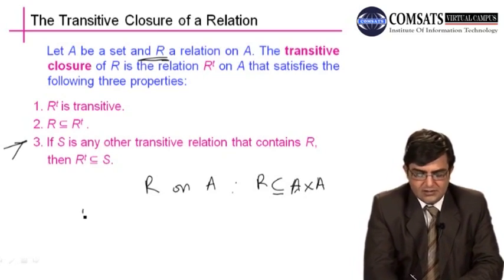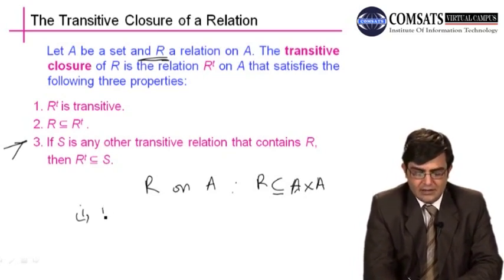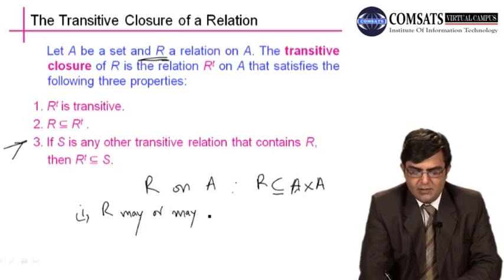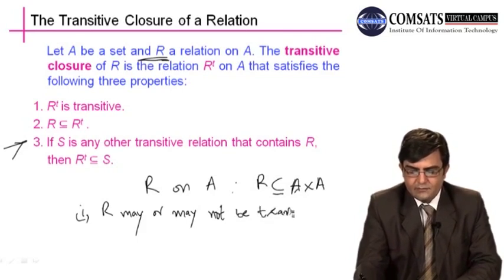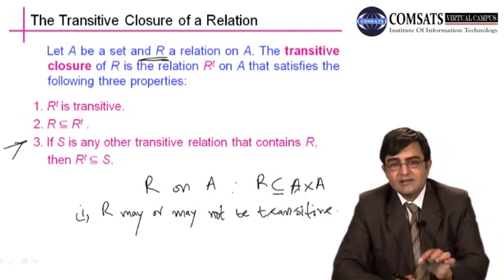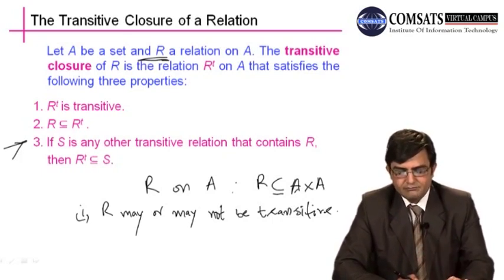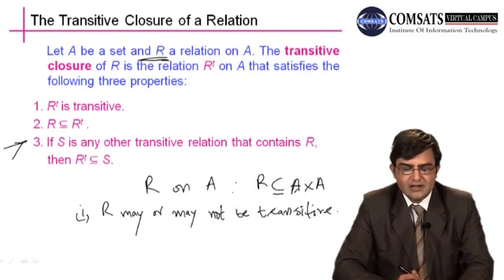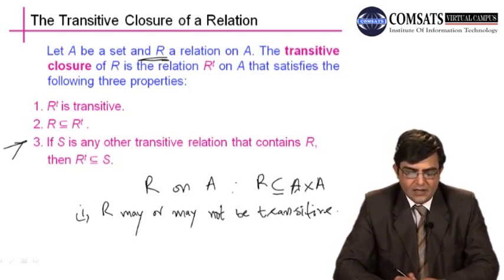One thing to remember here is that R may or may not be transitive. R is the relation on A, R is a subset of A cross A, and R may be transitive or may not be transitive. Then we are going to find a transitive closure of this relation R.